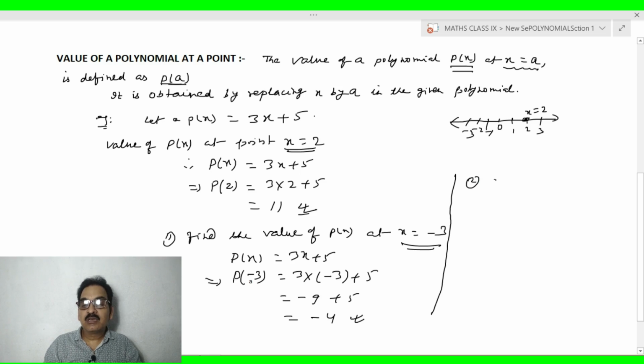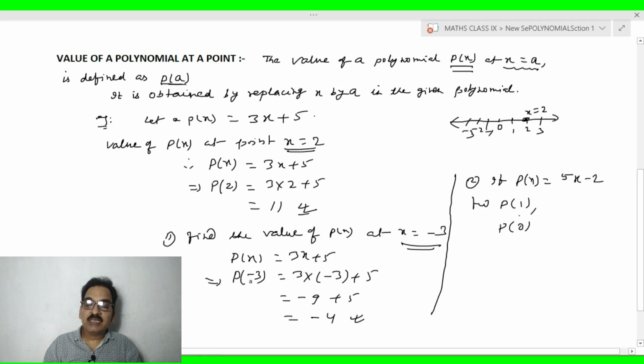Let the polynomial p(x) be 5x minus 2, and the question is to find p(1) and p(0). Okay, then how do we find it? It means the same: to find p(1), you find the value of this polynomial at the point 1, and p(0) is the value of this polynomial at the point 0.